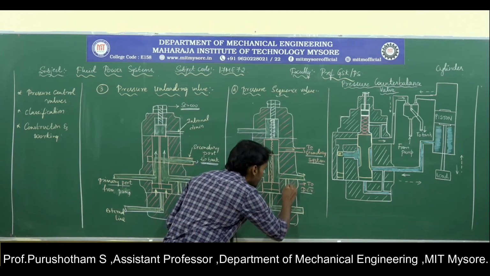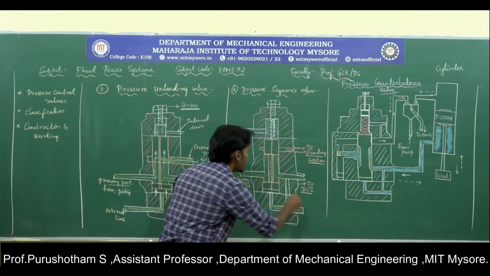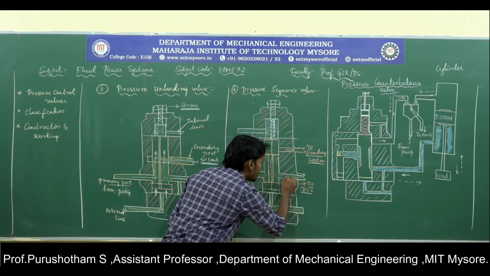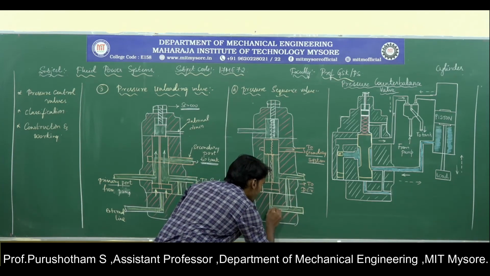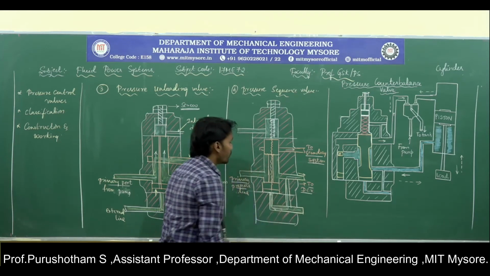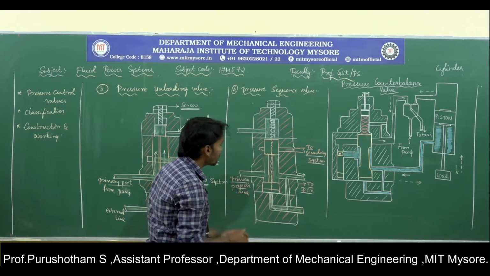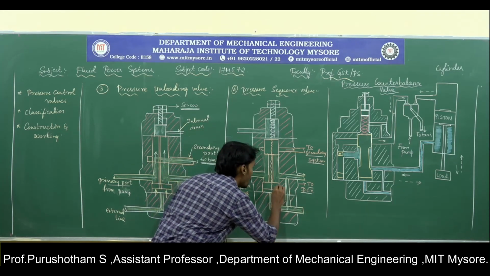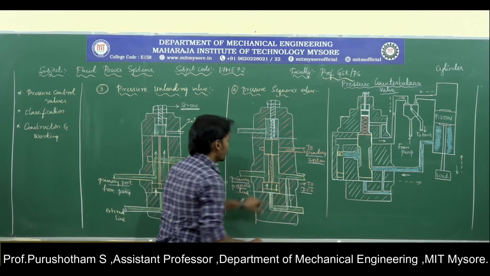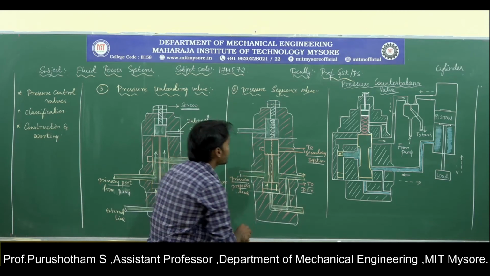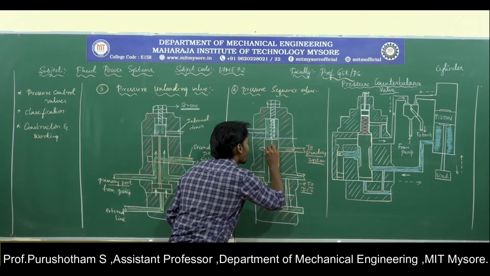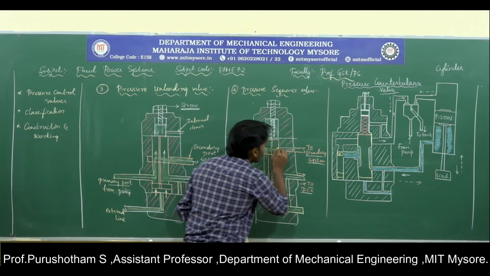Then here we can see the pilot line. The increase in pressure is transferred to the piston from this pilot line. That is going to move the piston upwards, which in turn opens the secondary port.